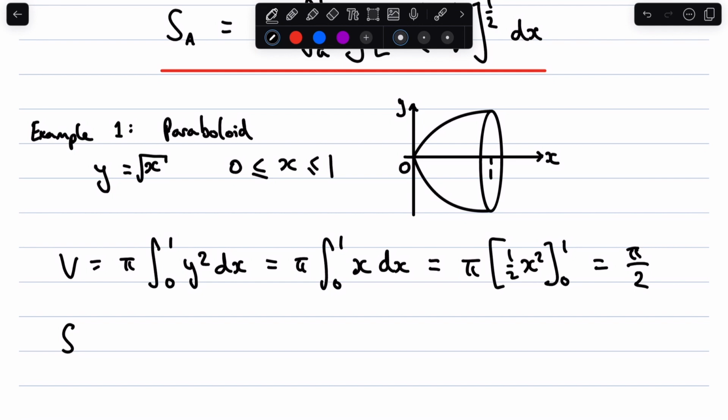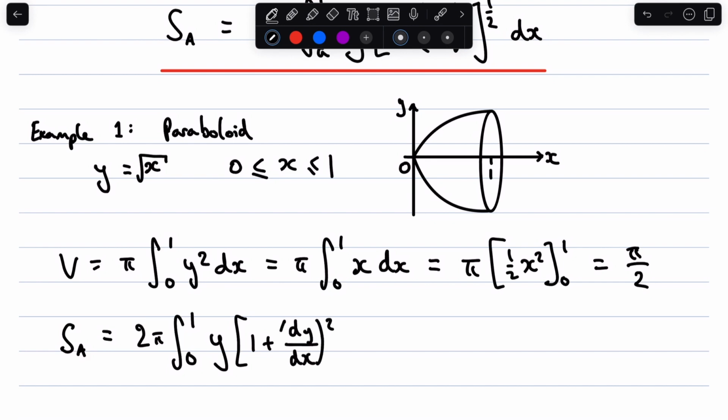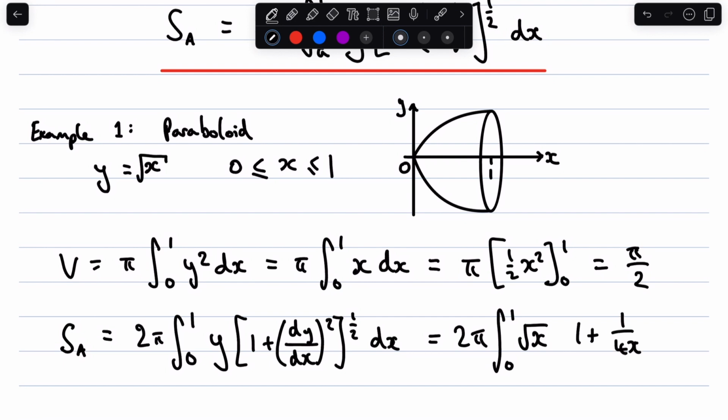If we wanted to know the surface area, we'd use the equation for that, so 2 pi times the integral from 0 to 1 of y times the square root of 1 plus dy by dx squared, dx, and that's equal to 2 pi times the integral of 0 to 1 of root x times by the square root of 1 plus 1 over 4x, dx.